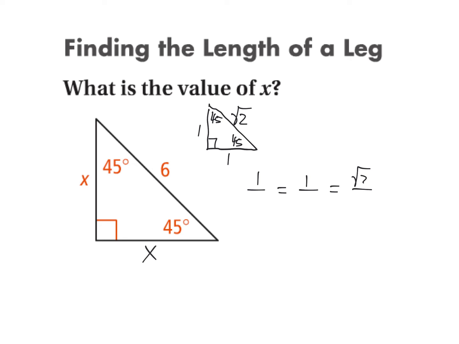And so now the legs are x's. So x, x, and then 6 is the hypotenuse. Remember, I don't need to solve both of these fractions because x is the same number. So just like before, I just need to grab two fractions and solve it.